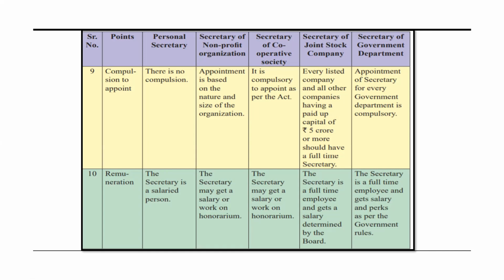How and when that happens, I'll explain in the next chapter. For now, remember that every listed company and every company with paid up capital of rupees 5 crore or more has to compulsorily appoint a secretary.